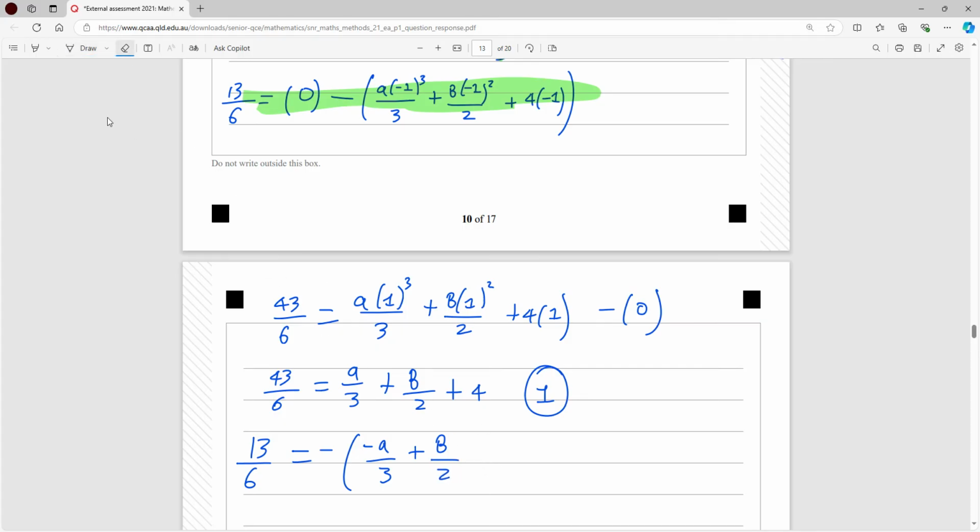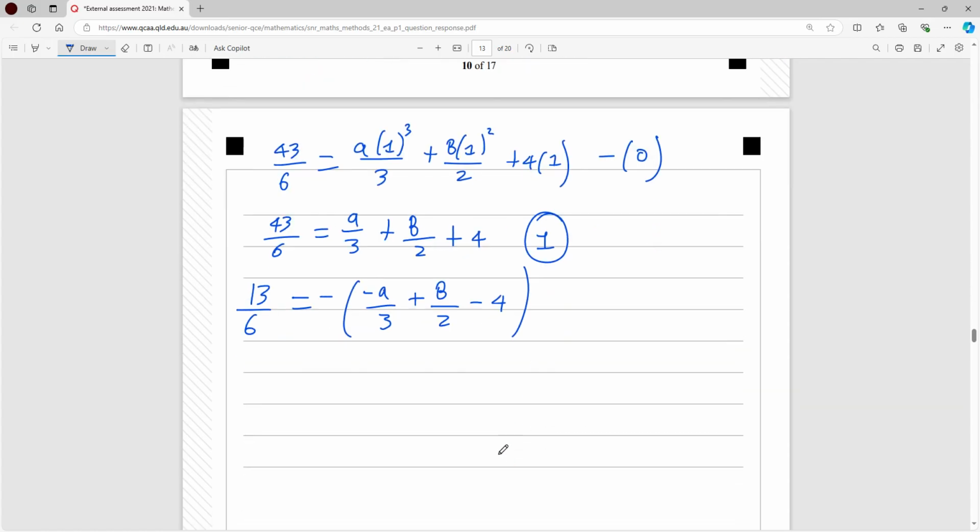So here I want to see if anything cancels out quite nicely, and hopefully you can see some things will. So distribute that negative now, so change that to a plus, and change the rest to minuses, okay? So that turns into a minus, and then that one turns into a plus, okay? Get rid of the brackets, and we can probably move this a bit closer, so 13 on 6. Right, and let's call that equation 2.